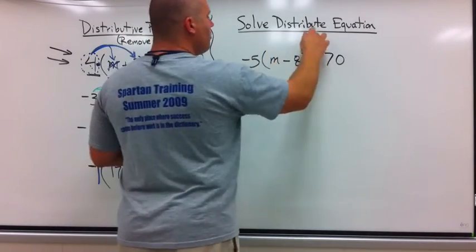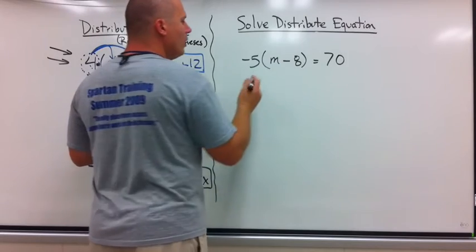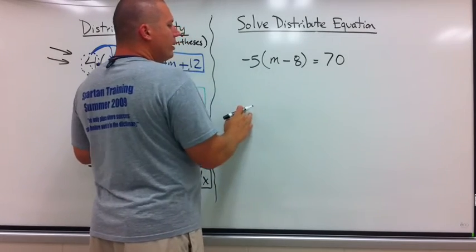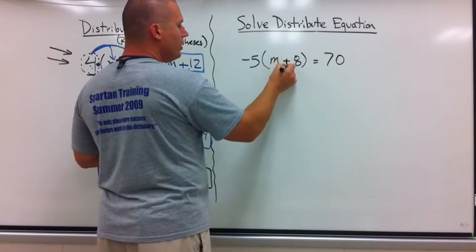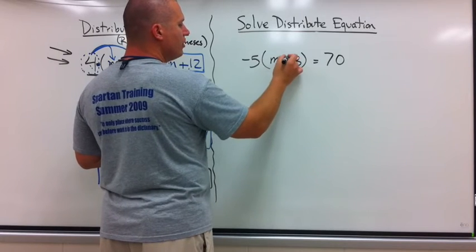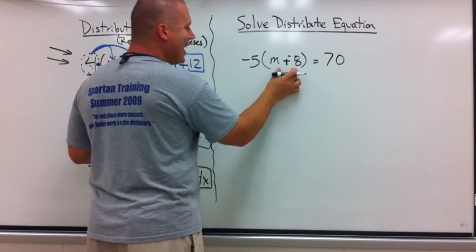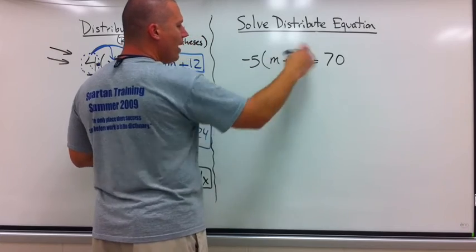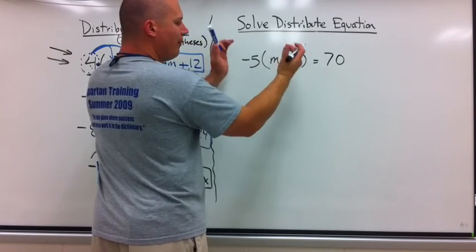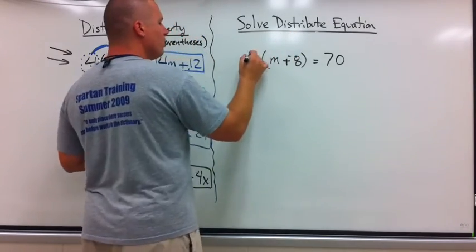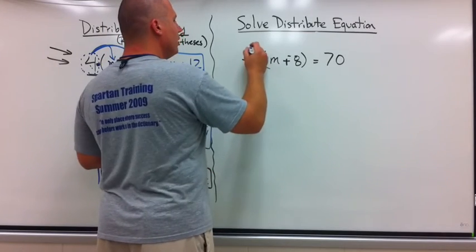What happens if I have an equation with distribute in it? Take a look. I have subtraction. Guess what? Turn to addition. The number after it turns opposite. I cannot deal with this until the parentheses or the cage or the fence disappears. So, take and jump over top.